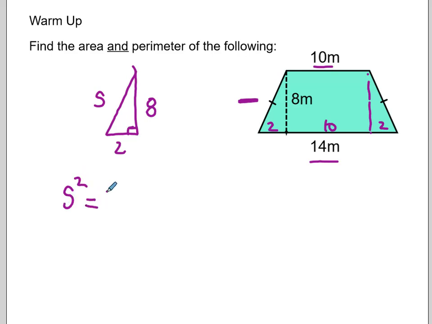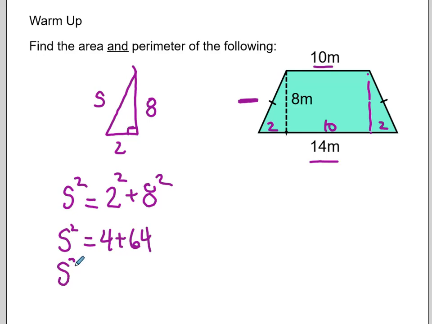That's the hypotenuse, leg squared plus leg squared. So I would have the hypotenuse squared equals 4 plus 64. This would be 68, and then I would take the square root of both sides, and I would get a slant height of the square root of 68, which is 8.2, we'll say.